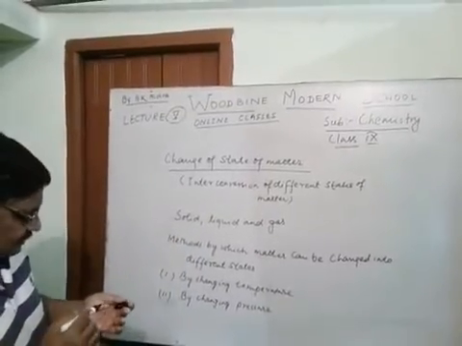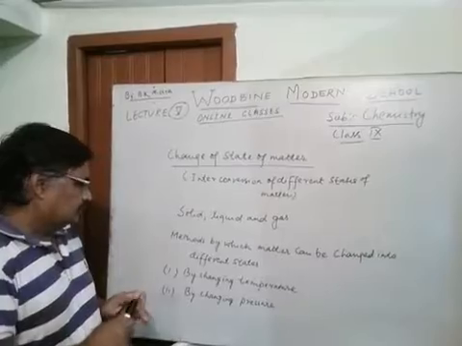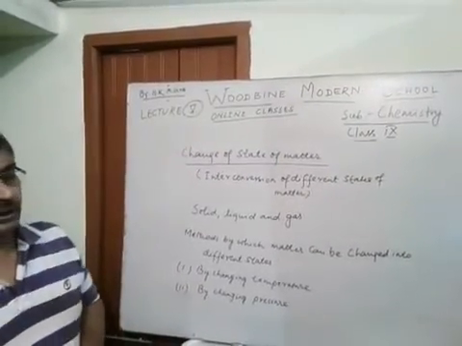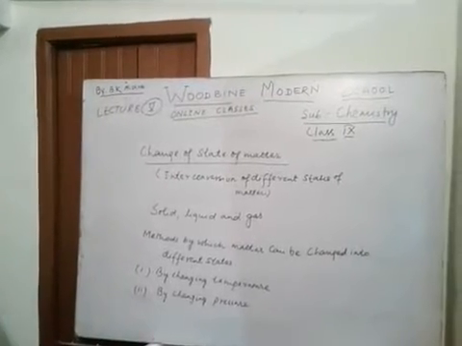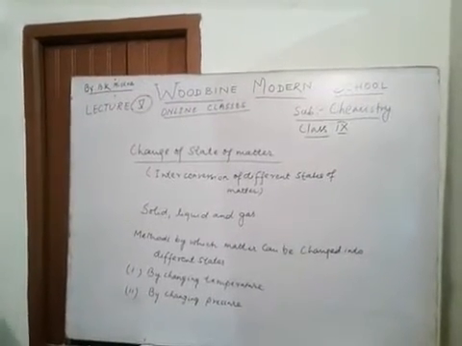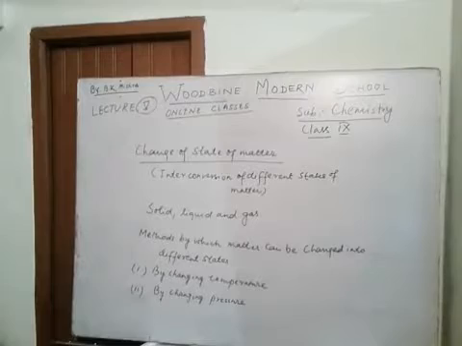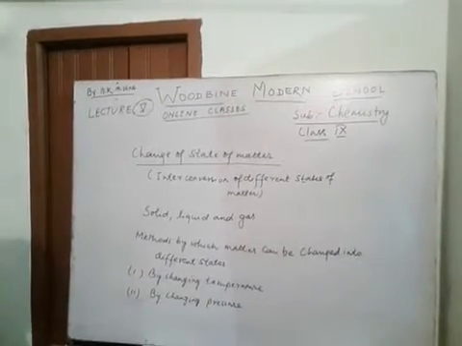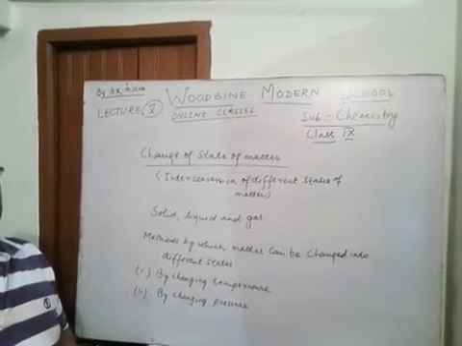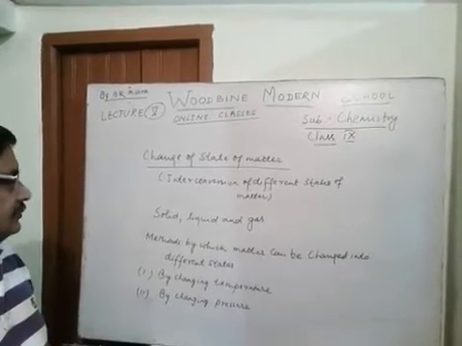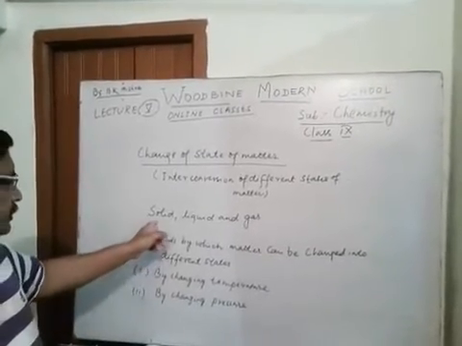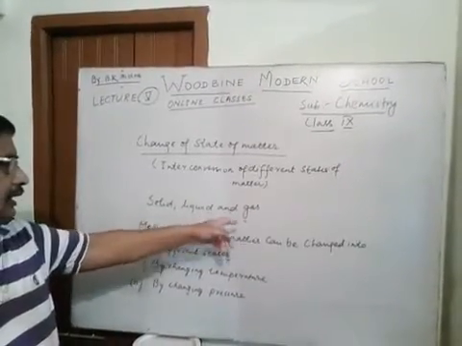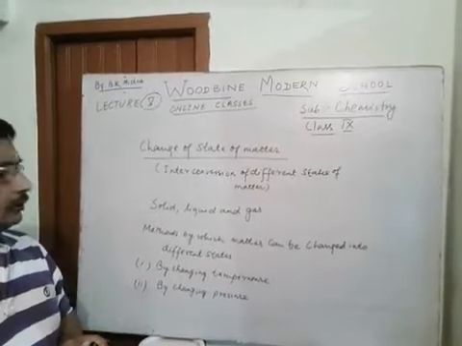Now these things can be evident by the following discussion. Water exists in all the three states, that is solid as ice, liquid as liquid water and gas as water vapor.